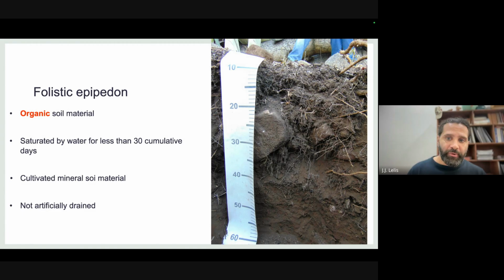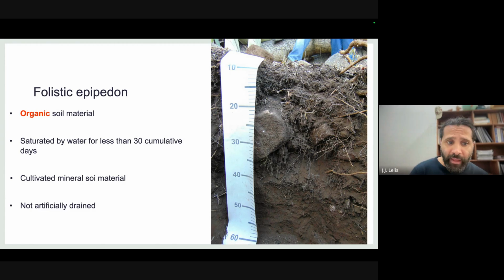So if I register an O horizon with some characteristics, maybe I can call it a folistic epipedon. So let's check. First of all, I need to register a high content of organic carbon, at least 12%.